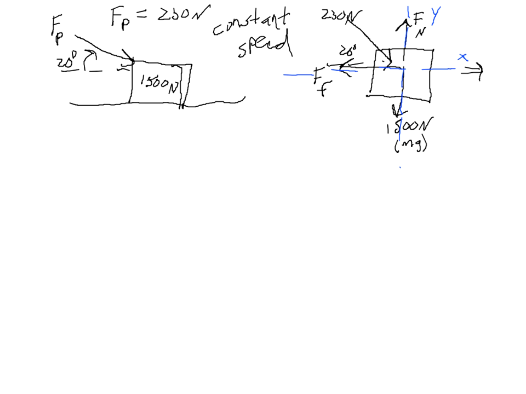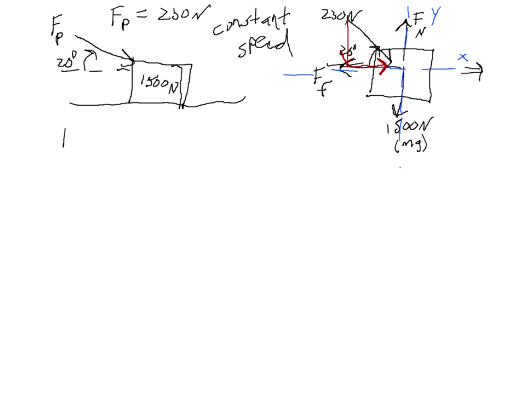Its y component will be in the negative y direction. The x component is in the positive x direction. Okay. So since the 20-degree angle is right here, the x component is adjacent, the y component is opposite. That means we'll use cosine for the x and sine for the y.